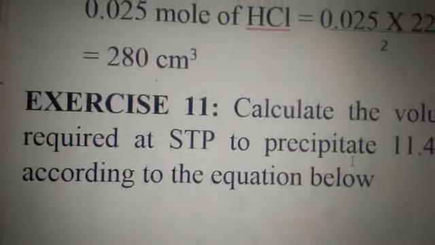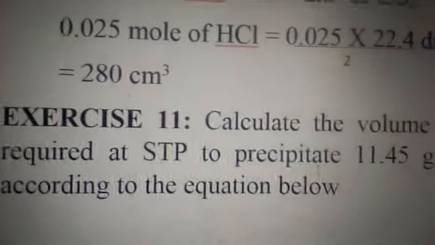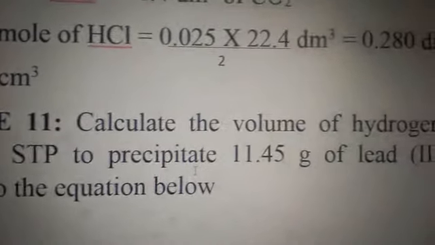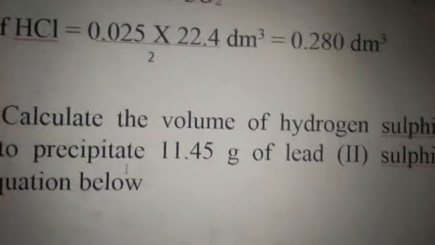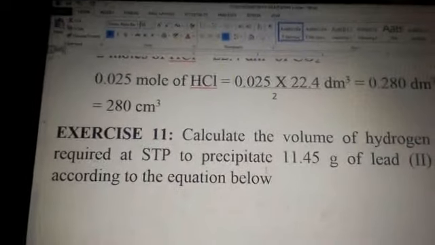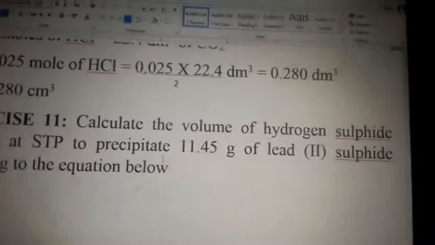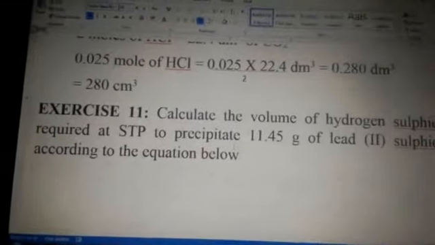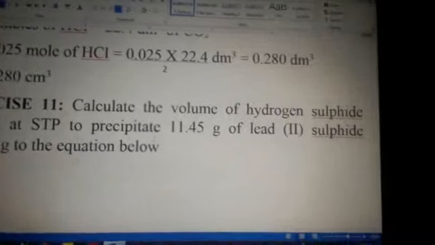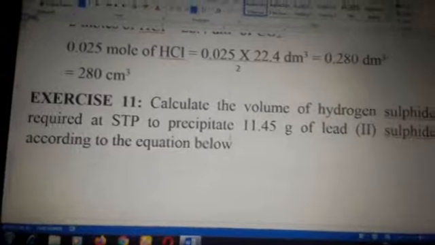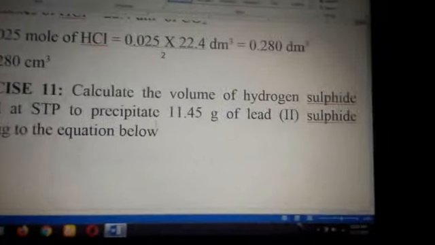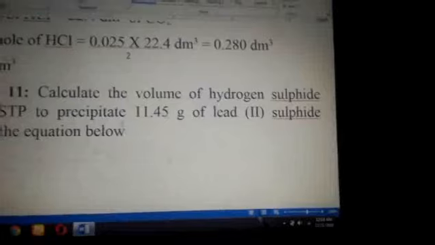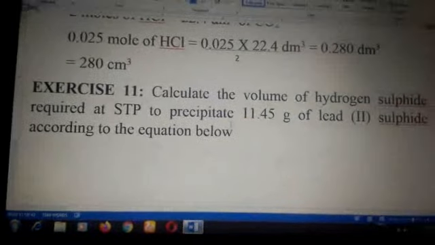Now going to exercise 11. Exercise 11 says calculate the volume of hydrogen sulfide required at STP to precipitate 11.45 grams of lead-II sulfide according to the equation below.